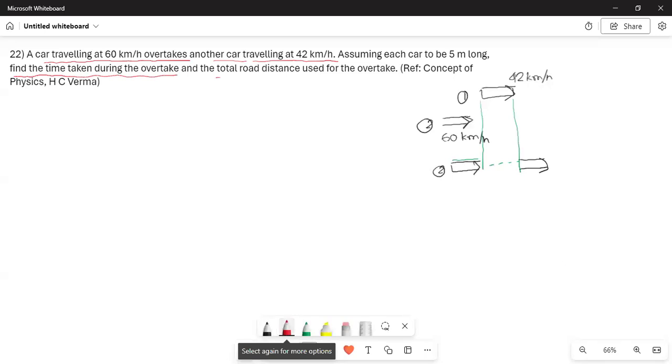And there is another question which we shall see later. Also, it is given each car is 5 meters long. So the number 2 car actually moves 5 meters and another 5 meters. That is equal to 10 meters in total.